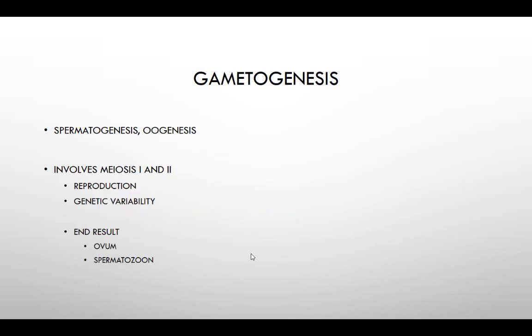So that brings us to gametogenesis, which is the formation of the sperm and the egg, known as spermatogenesis or oogenesis. Now we don't use the word egg here, we use the word oocyte or ovum for that egg, and we'll look at that in a moment. But this whole process of spermatogenesis and oogenesis does involve meiosis 1 and 2.